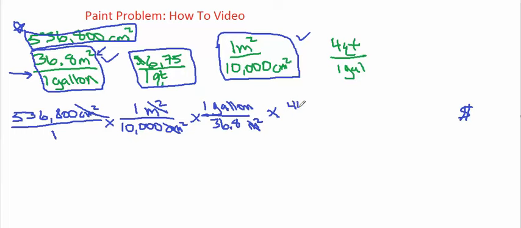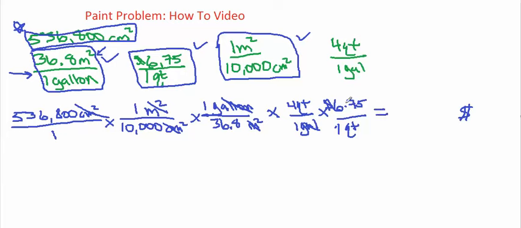So we've got 4 quarts on the top, 1 gallon on the bottom. Now our gallons cancel out, and we're left with quarts. Perfect. We've got a conversion for that. And it is even in the right format with quarts on the bottom. So we've got 675 over 1 quart, and that's of course $675. So we are now ready to solve.